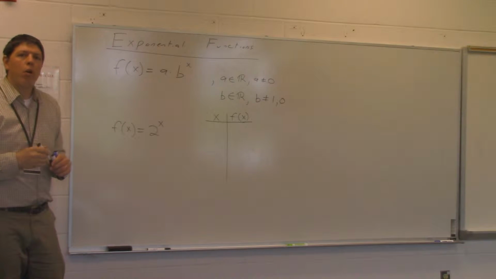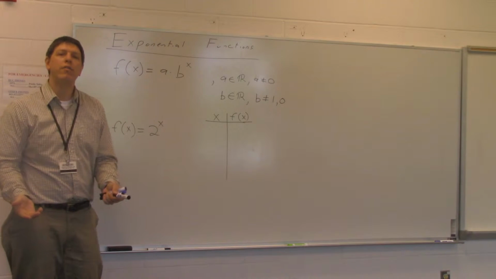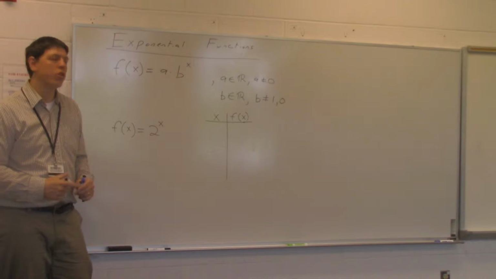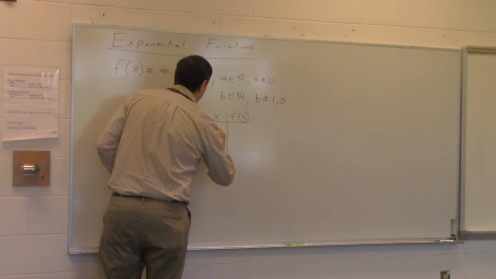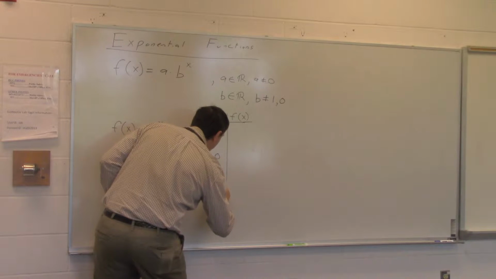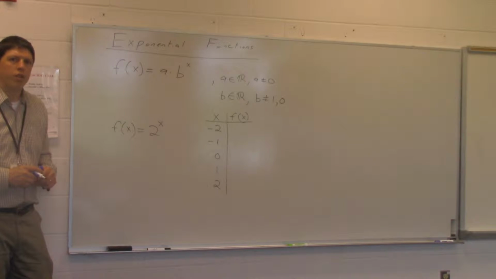You may remember that it's probably best to pick some positive numbers, some negative numbers, and then throw 0 in there to kind of see what's going to happen with this function. So I'm going to use -2, -1, 0, 1, and 2 as my values for the exponential function.